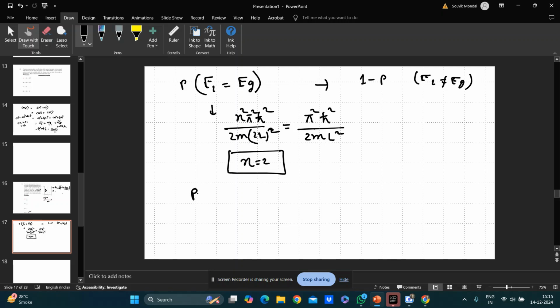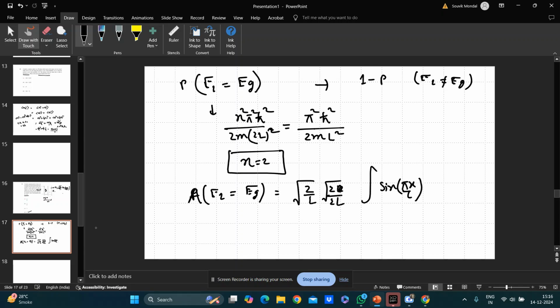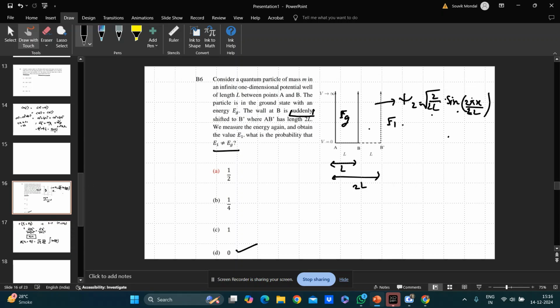So what is the probability amplitude for E1 equal to EG? It is the integral from 0 to L of root under 2 by L into root under 2 by 2L, sine pi x by L into sine 2 pi x by 2L, dx.